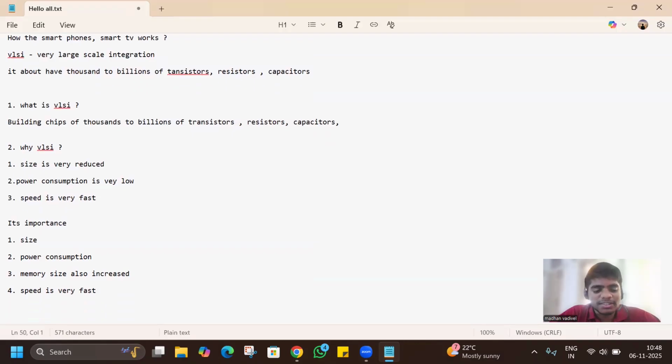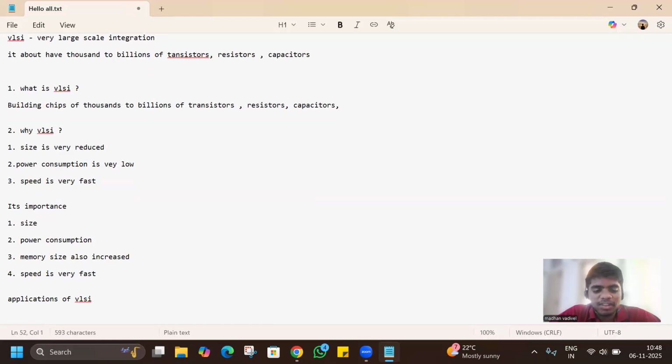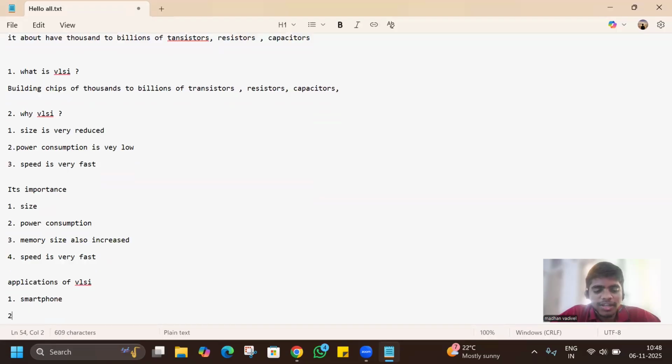Next, applications. Applications are easy, we can know. Applications of VLSI. First one is smartphones. Second one is TV, smart TV, laptop, and computers.